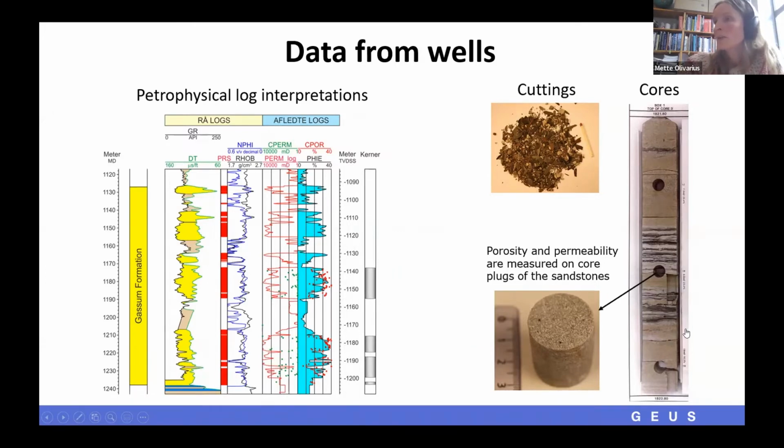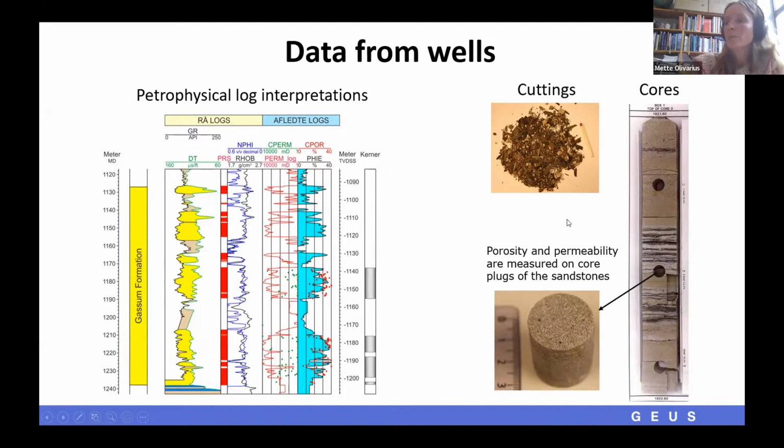Then, compared to when we have drilled cores from the wells, we have taken a plug out and measured porosity and permeability, and then made thin sections such that we can quantify the mineralogy and look in the microscope, etc.